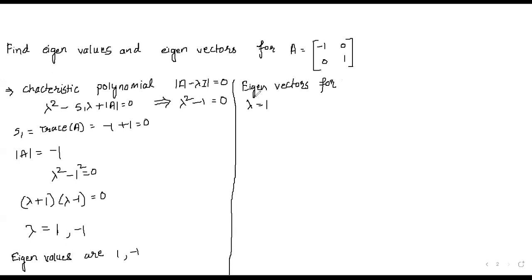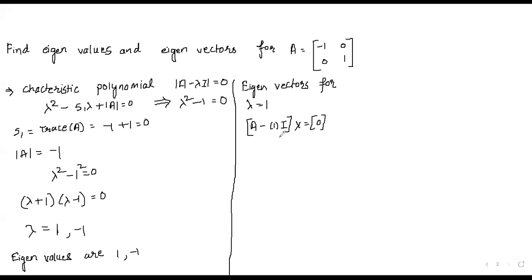What we have to do is solve A minus lambda 1 times identity into x equal to 0.